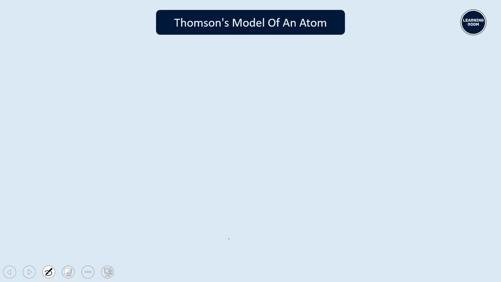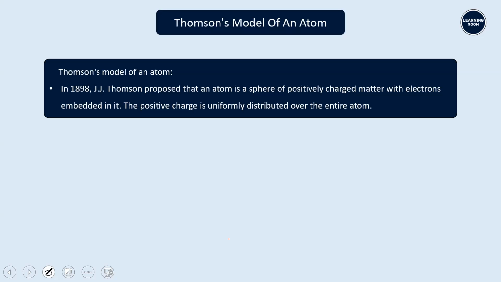With respect to your syllabus, the first model of atom that we are going to discuss is by Thomson. So first we'll see what is Thomson's model of an atom. Like how every scientist had the freedom to give their version of how an atom looked, Thomson also proposed something. In 1898, J.J. Thomson proposed that atom is a sphere, definitely a sphere, no doubt in that.